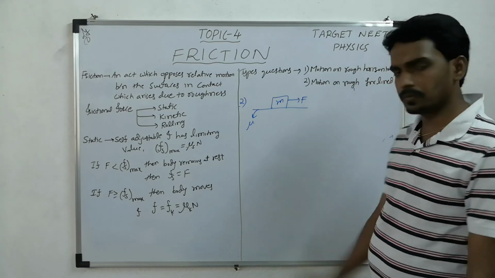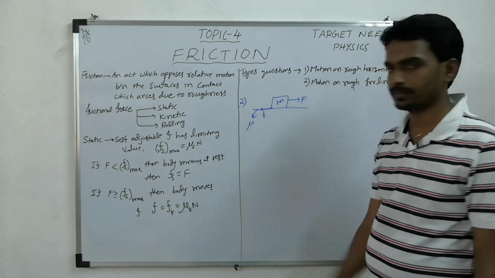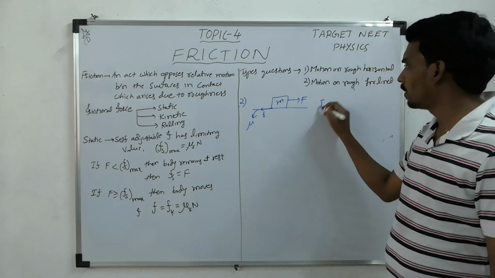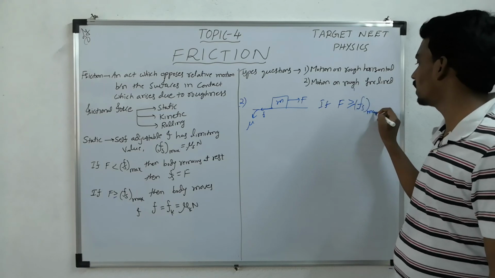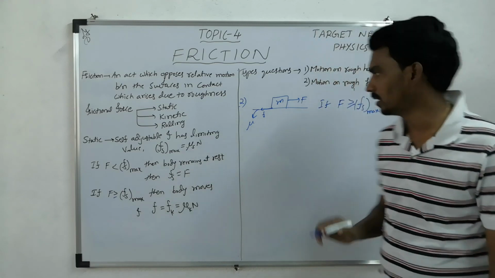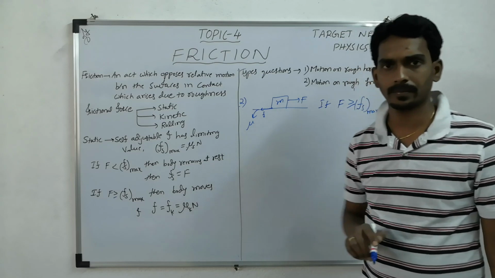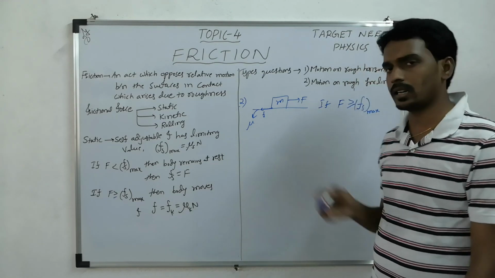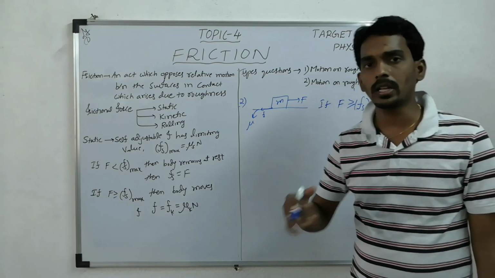Now you are applying some force F horizontally, then some friction develops. If F is greater than or equal to Fs max, then only the body moves, then only the body has some acceleration. So first you have to find out the maximum friction that can develop. Then compare it with the external force, whether it is greater or equal.